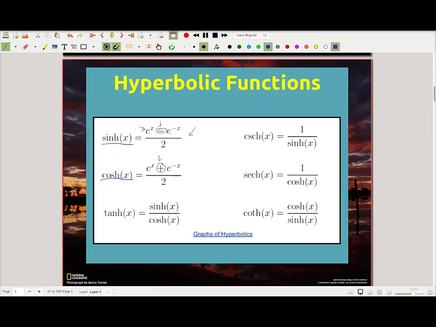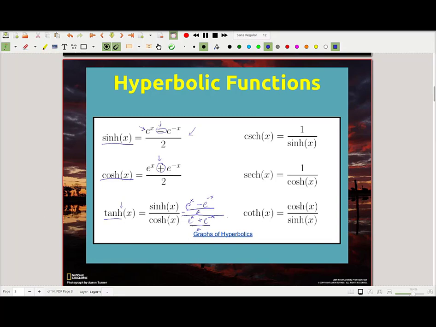And then the familiar way you get the other trig functions, we're going to get the same thing for our hyperbolic functions. Notice we're just going to put an h after all of them to indicate this is the hyperbolic function, not the trig function. To get tanh, you would take your sinh, which is e to the x minus e to the negative x all over 2, over the cosh of x, which is e to the x plus e to the negative x all over 2.